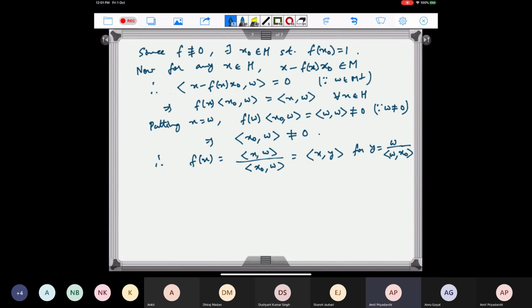This is scalar I can take inside, and this will be a complex conjugate. So we have changed it to w with x naught. So if I take y equal to w divided by w inner product x naught, then that satisfies f x is equal to x with y. This is true for every x in H. So therefore, this f is equal to f sub y.